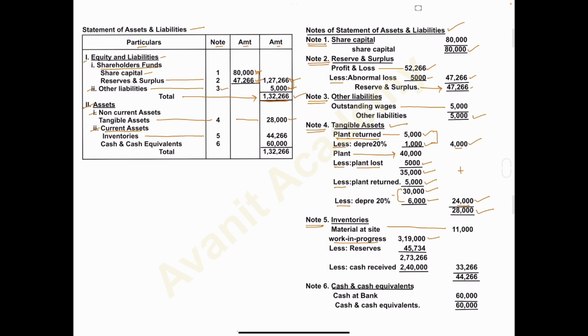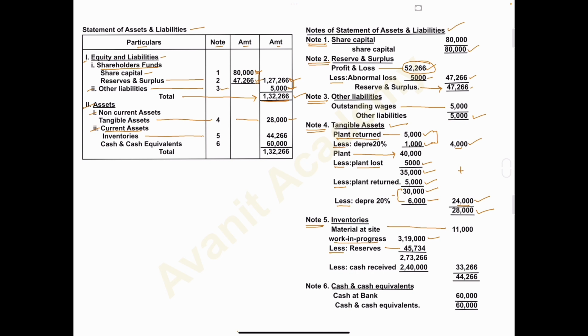From that, less reserve. So from notional profit, 52,266 we transferred to profit and loss account, and remaining amount to reserve, that is 45,734. So this reserve we have to deduct from the work in progress. Reserve 45,734 reserve amount.